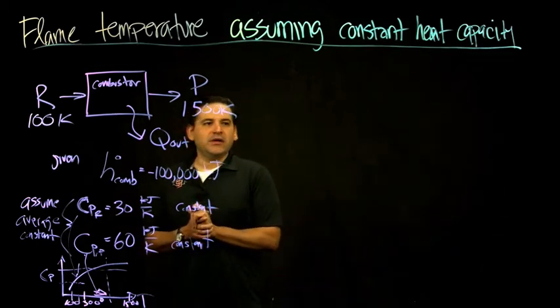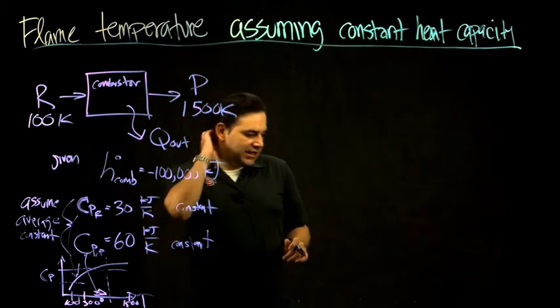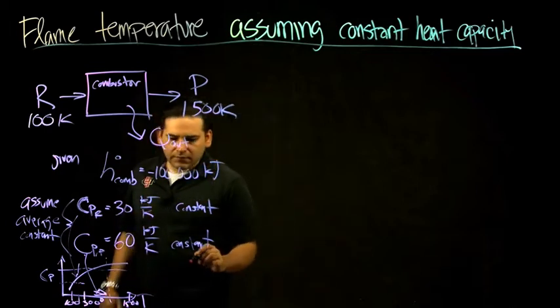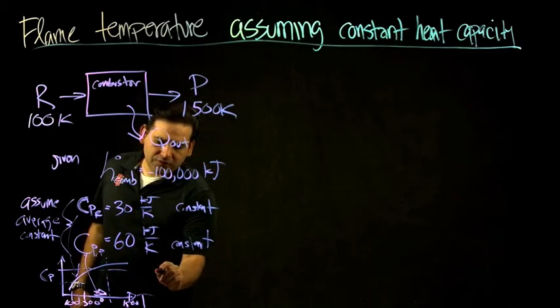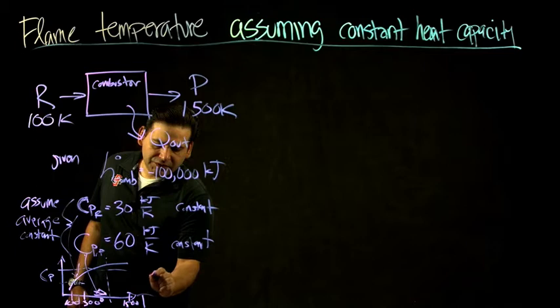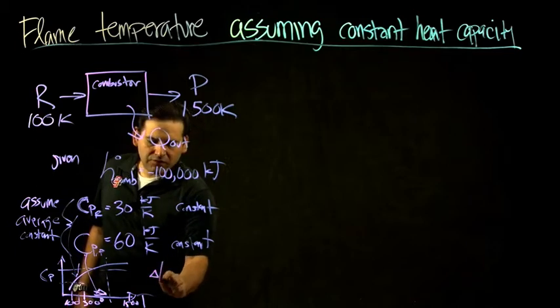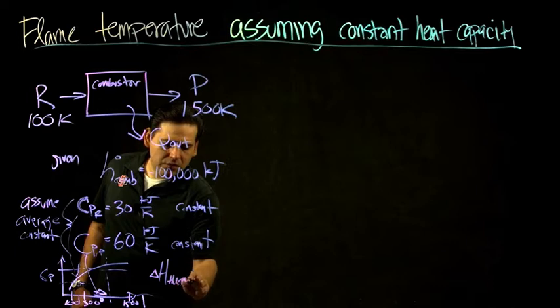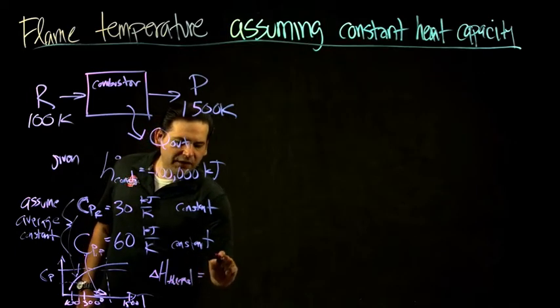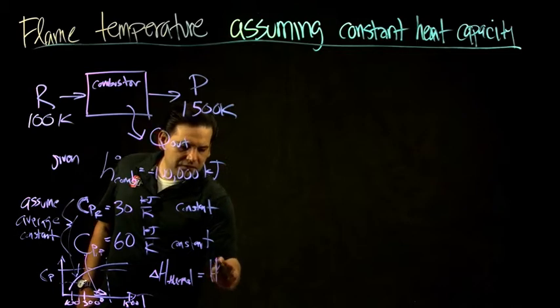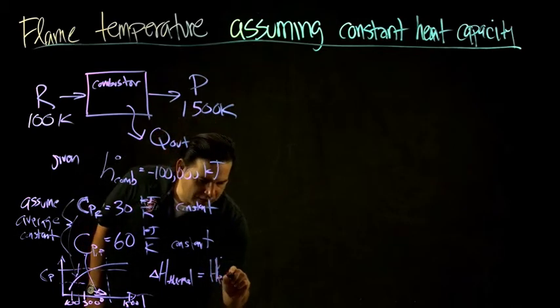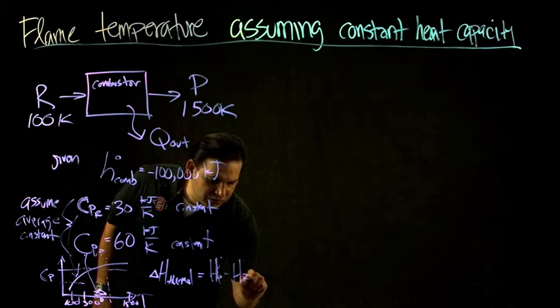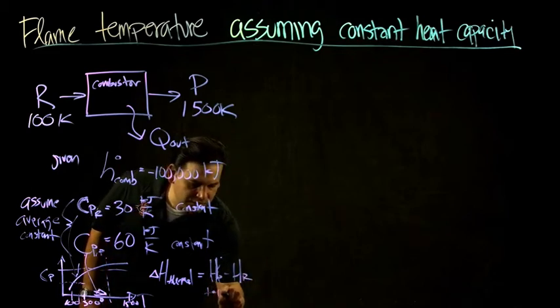The most accurate would be to say that if you were to try to find this enthalpy change of the thermal process, that would be H products minus H reactants from a table.